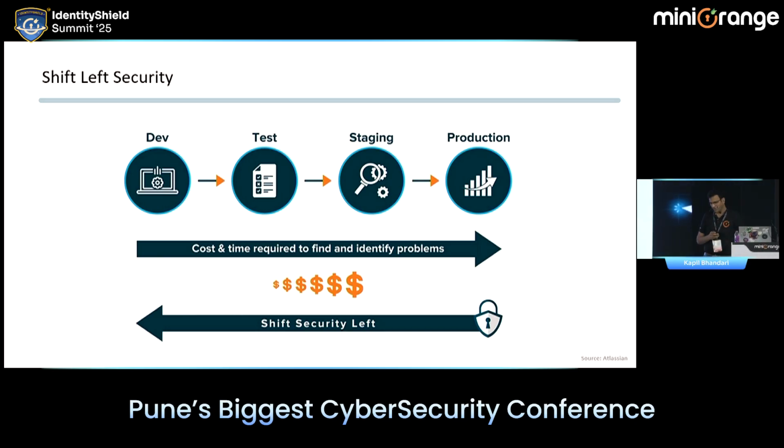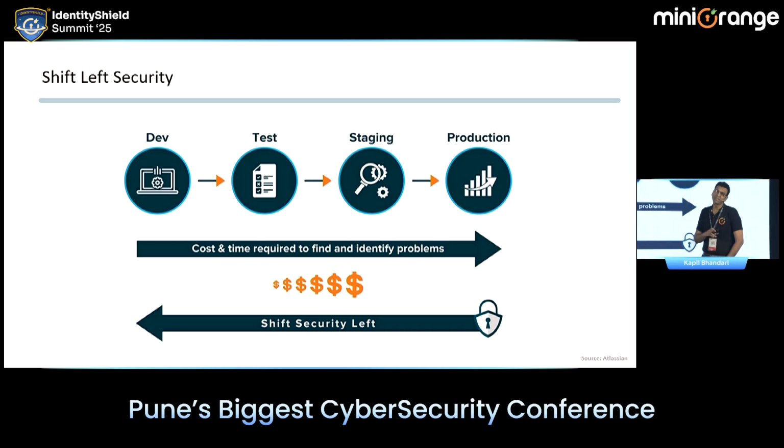You'd be very surprised. I mean, the cost of fixing a bug or vulnerability in production is 30 times more than in development, which means if I spend $1 to fix a defect or a vulnerability in development, then the same vulnerability would cost me $30 in production.